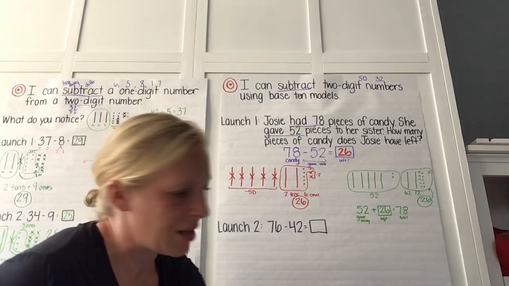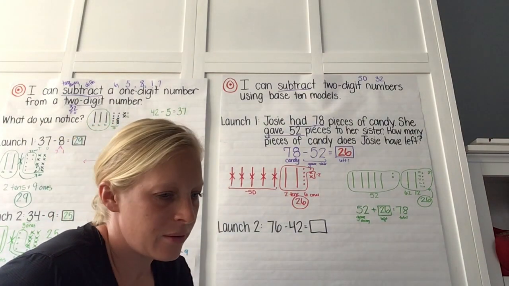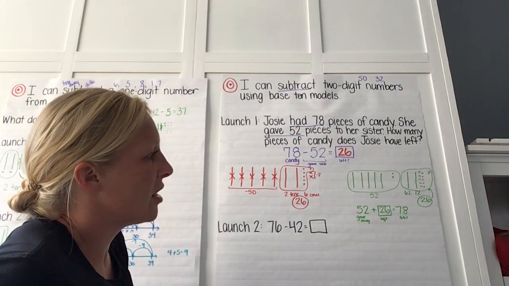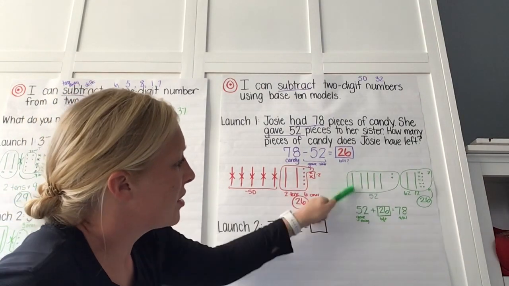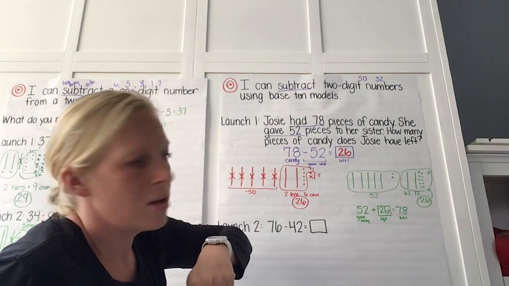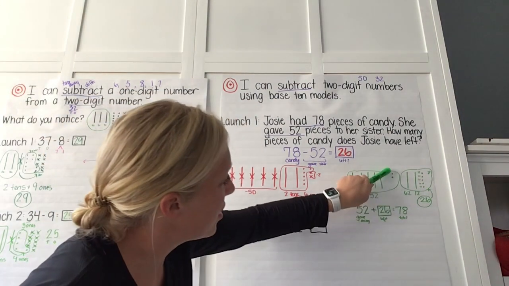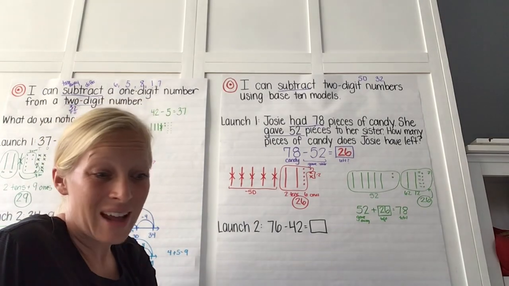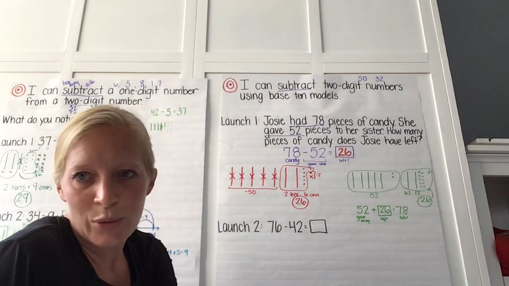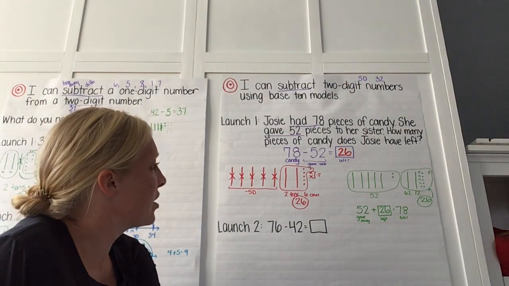It's the 7 tens and the 8 ones. Okay, so the 7 tens and the 8 ones here. Where's the 7 tens over here? 7 tens. 1, 2, 3, 4, 5, 6, 7. 8 ones. There's 6 ones, 7, 8 ones. Does everybody have 78? Okay, where's the 52 that she gave to her sister?